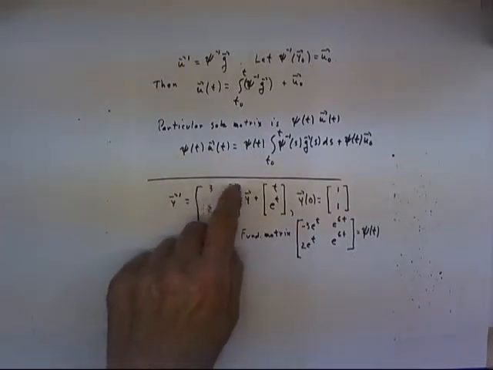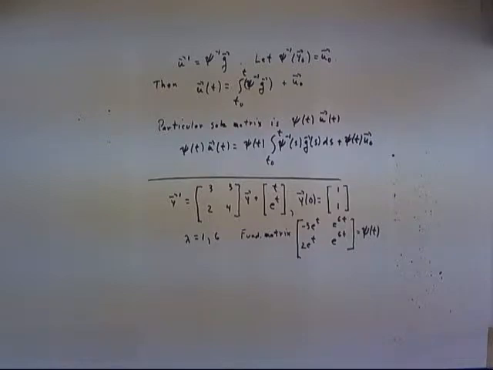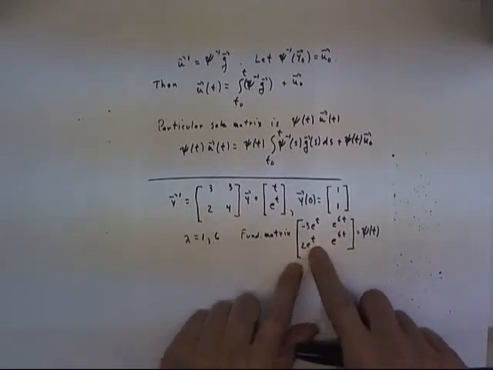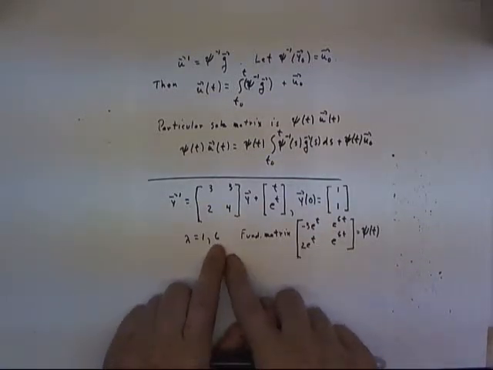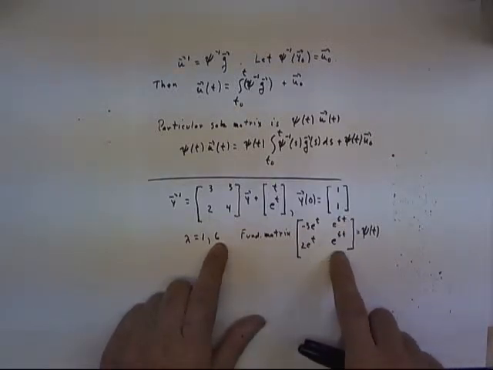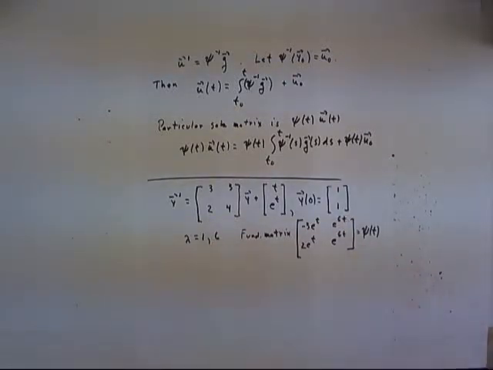Plugging each of these back in and finding our eigenvectors, we get multiples of negative 3, 2 for lambda equals 1, and a multiple of 1, 1 for the other value of lambda. So for each value of lambda we get a solution, and here's our psi matrix.